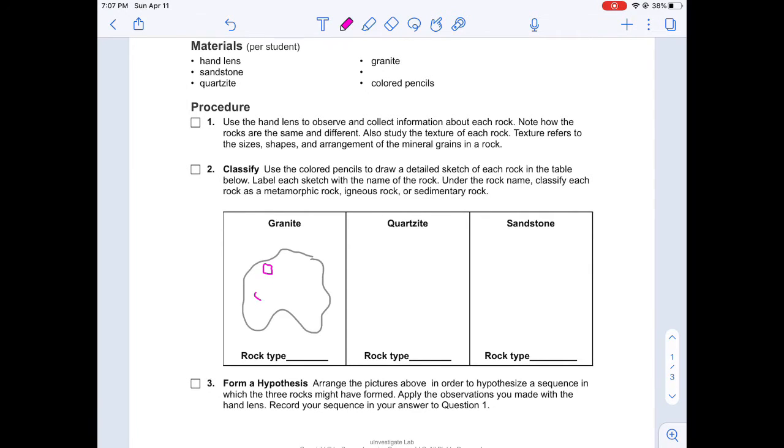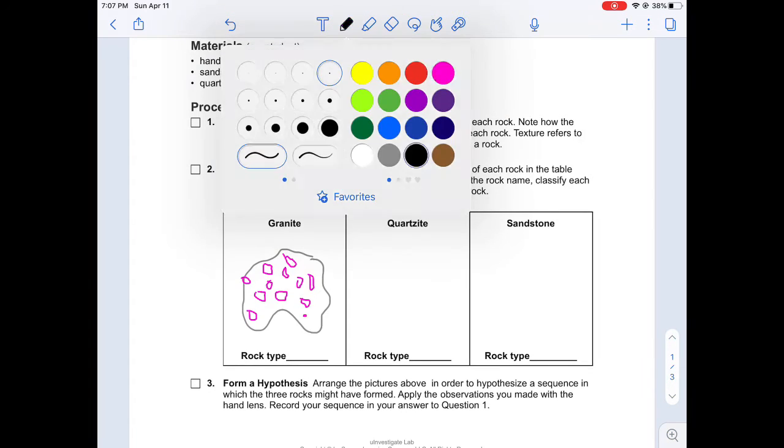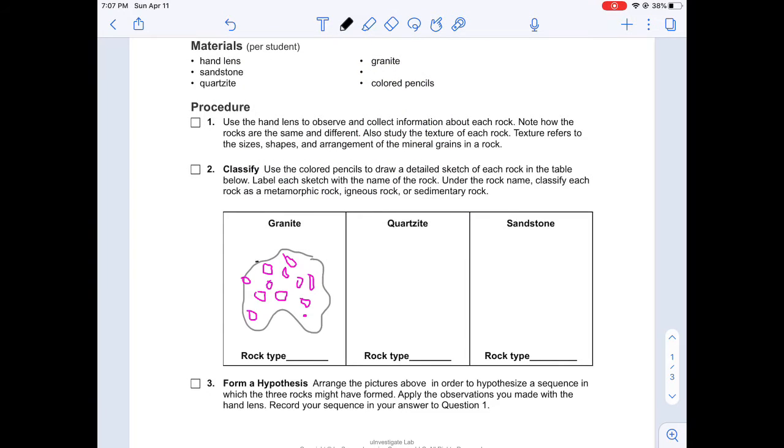I have some pink ones scattered throughout. They're all very randomly shaped. Then right next to those I have a lot of black colored minerals that are growing right into those.